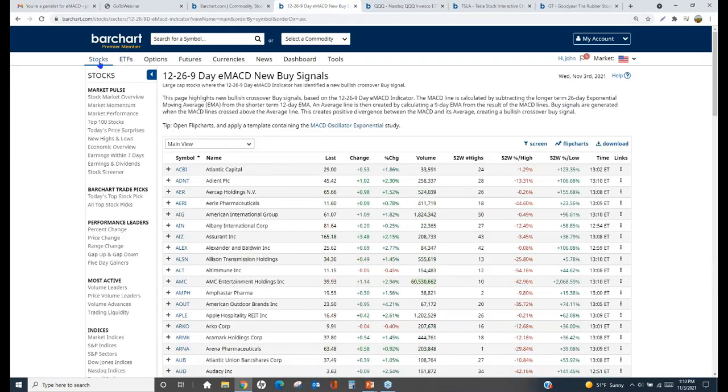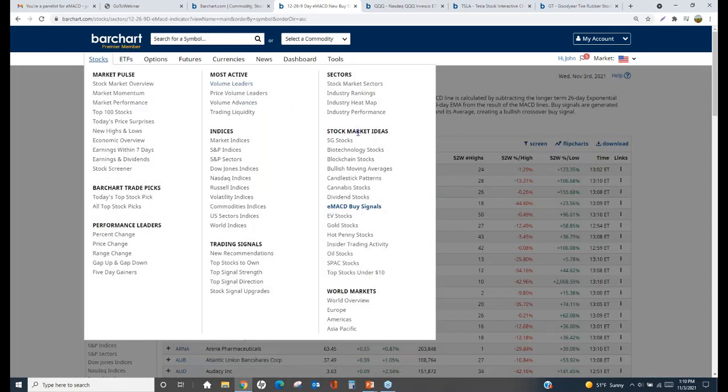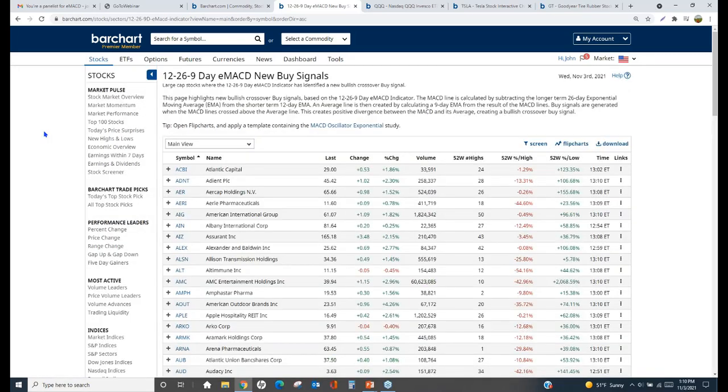And so what I've done here is, in our stock section, under stock market ideas, we have the eMAC buy signals. And that'll take you to this page. This page screens or scans all stocks, identifying those who are producing this buy crossover signal.